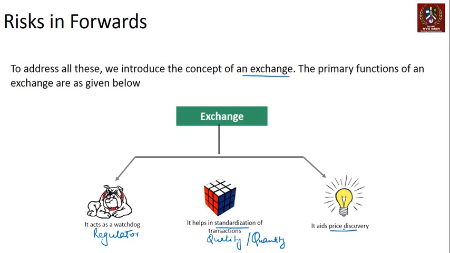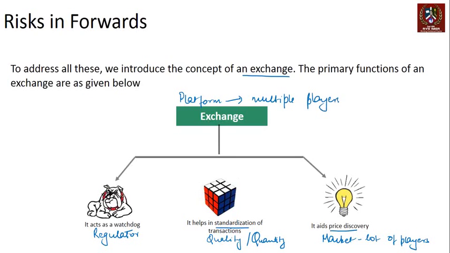And it aids price discovery purely because it's a market where multiple participants or a lot of players come in. That's the function of an exchange. An exchange is a platform where multiple players interact.